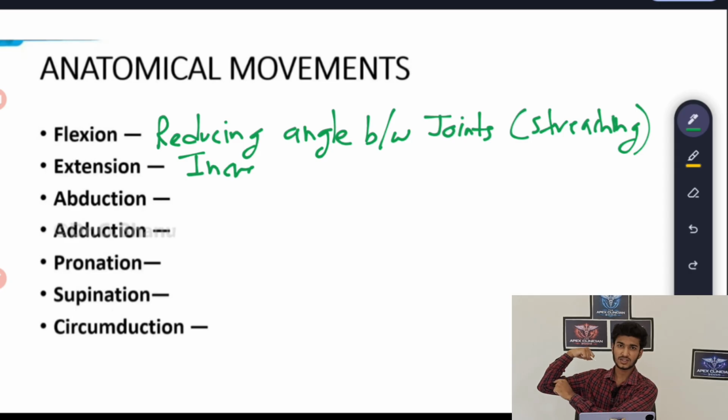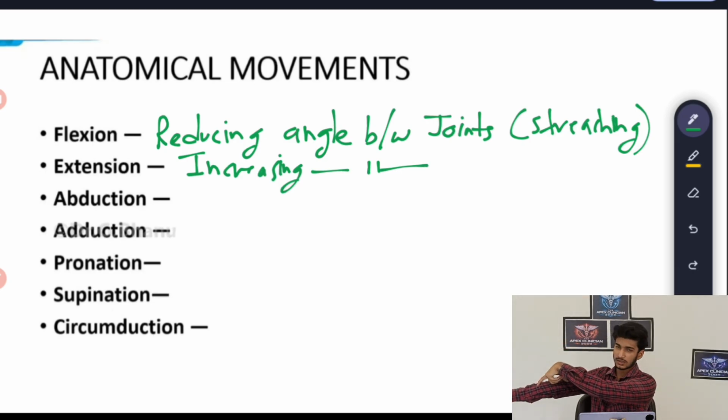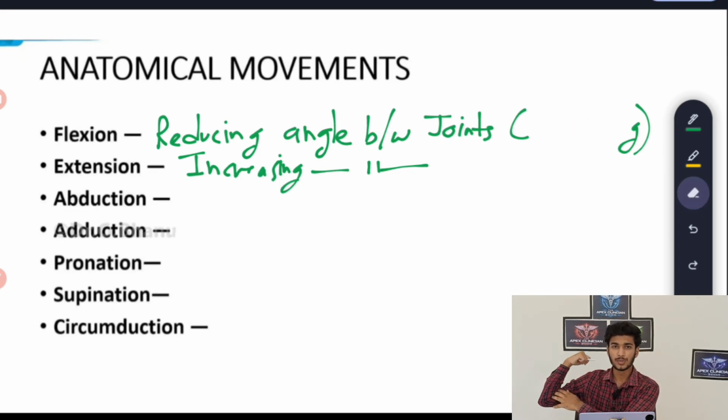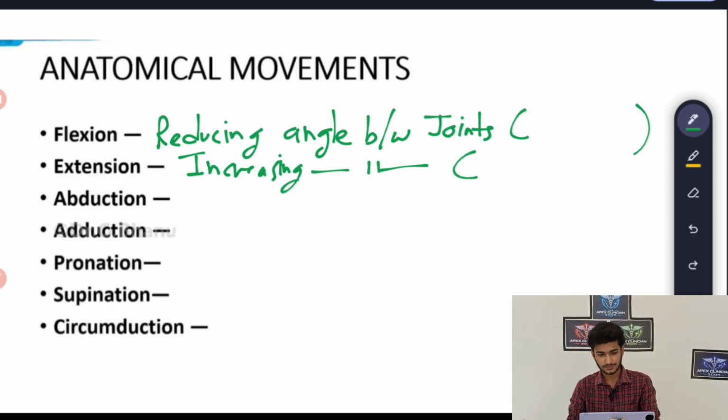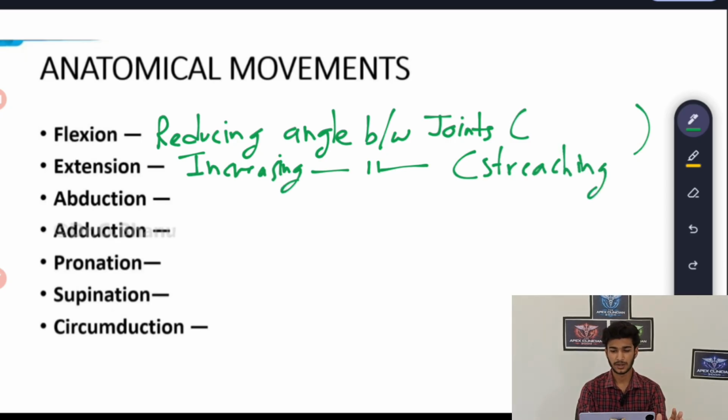Here the angle is already reduced. So whenever I increase this angle, look, the angle has been increased, this is called extension. Whenever we increase the angle between joints or organs, it is called extension. Flexion is basically the bending part, and extension is basically the stretching part.